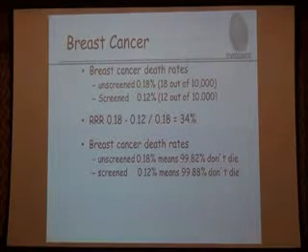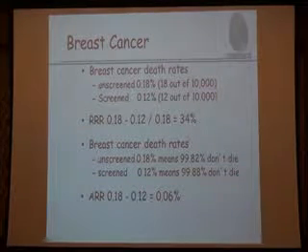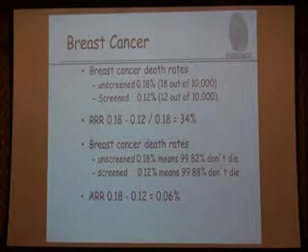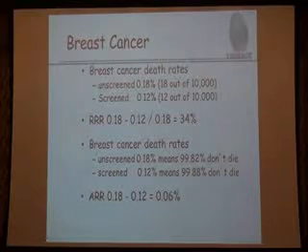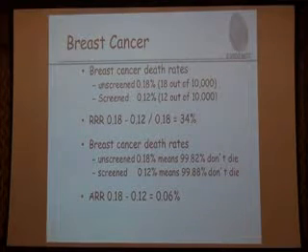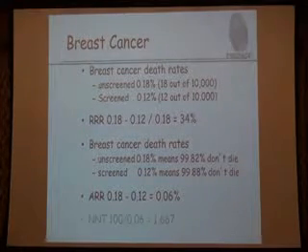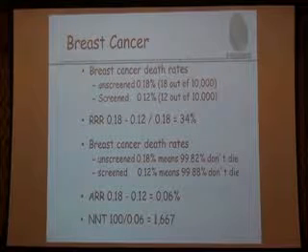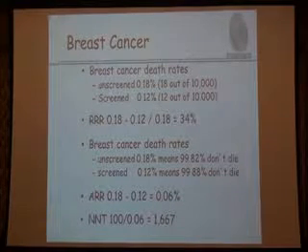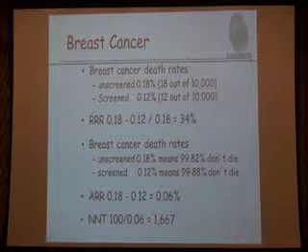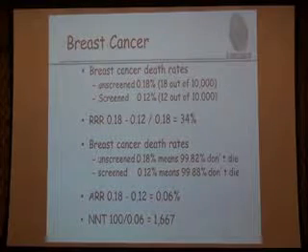This was case B. It is exactly the same as case A. It is the same intervention. And the absolute risk reduction is 0.06, which was case C. The number needed to treat for an absolute risk reduction of 0.06 is 1,667.